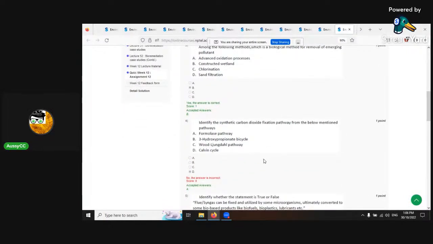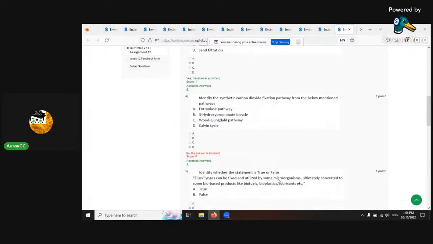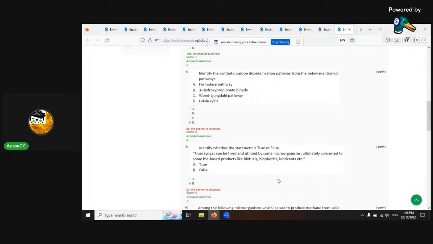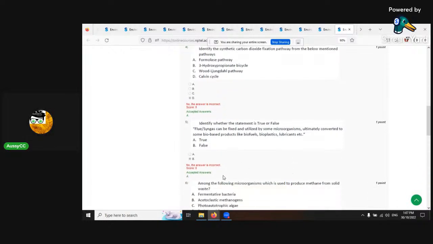Flue or syngas can be fixed and utilised by microbes. Sure can. Among the following microbes, which is used to produce methane from solid waste? Definitely. Yes.